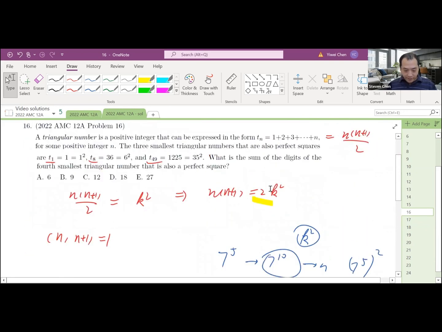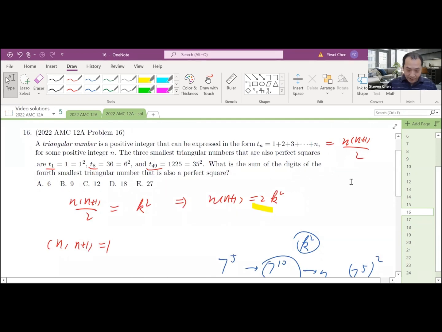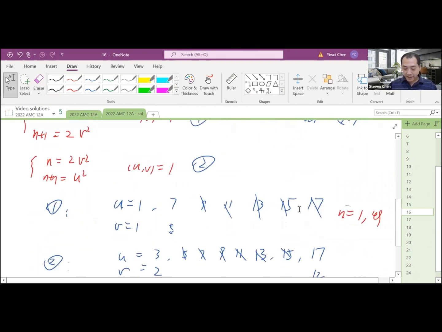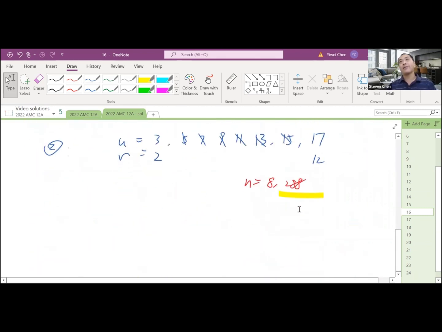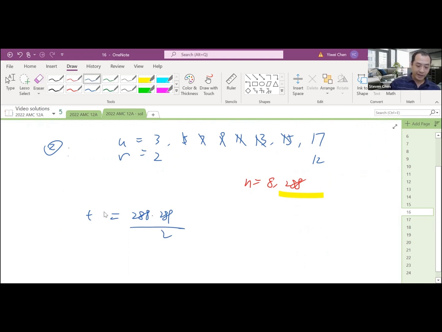And let's look at the question that is asked by this problem. It asks us to compute the sum of the digits of the 4th smallest triangular number that's a perfect square. So basically, it's not enough to just report 288. We have to compute its associated triangular number, right? So this is T sub n, or T sub 288.